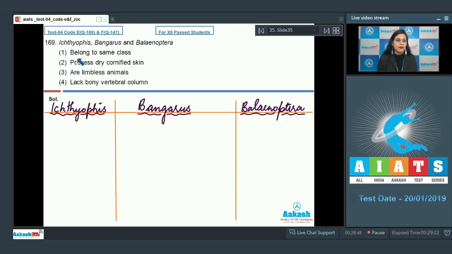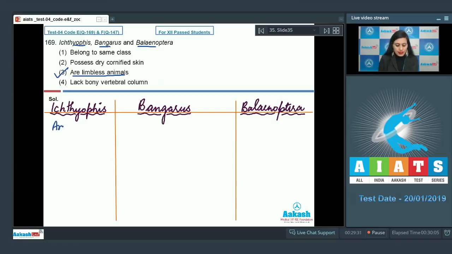Question number 169. Ichthyophis, Bungarus, and Balaenoptera. The options are belong to same class, possesses dry cornified skin, are limbless animals, lack bony vertebral column. And the correct answer to this question is option number 3, are limbless animals, because all these 3 animals lack limbs.